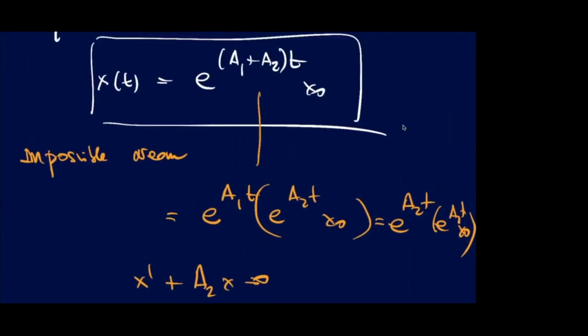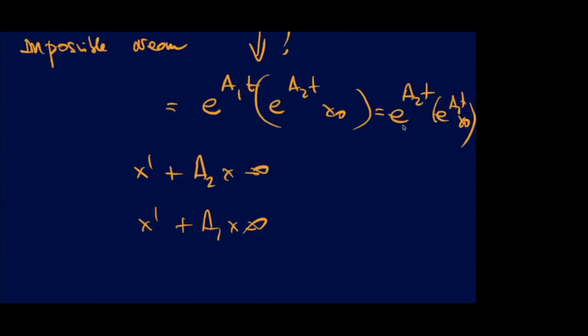Now, my question is, is this true? Is it true that the exponential of the sum of two matrices is equal to the product of the exponentials? Yes or no? Let's vote. If they commute, good.